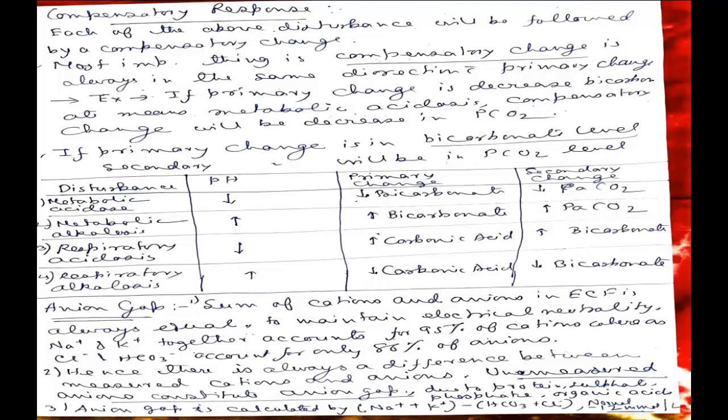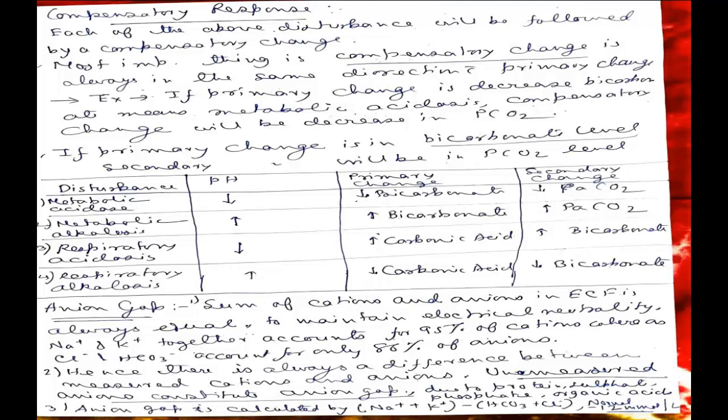Now, next is anion gap. What is anion gap? Actually, the sum of cations and anions in extracellular fluid is always equal to maintain electrical neutrality. Sodium and potassium together account for 95% of cations, whereas chloride and bicarbonate account for 86% of the anions.